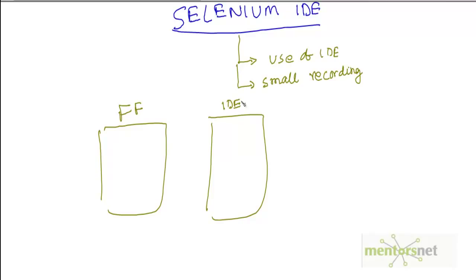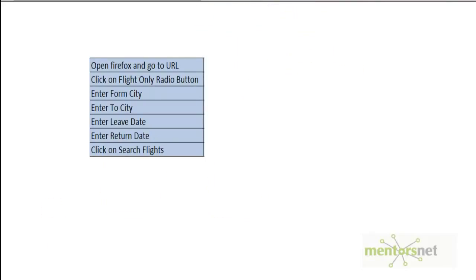So you are going to do a couple of steps on Firefox. Let's say you want to search orbis.com for flight details. In that case, you're going to do these steps: open the Firefox browser and go to the URL, then click on the flights only button, and then enter data like which city you want to travel from and to, your leave date and return date, and then click on search flight.